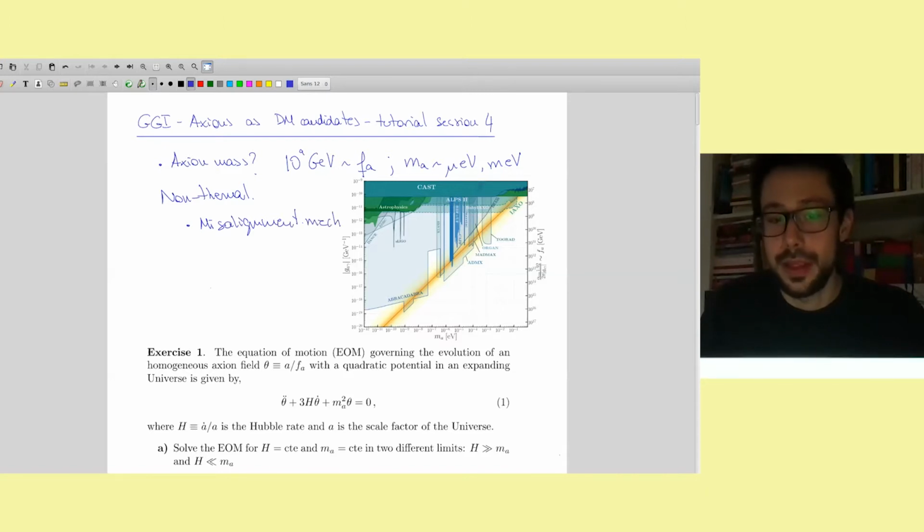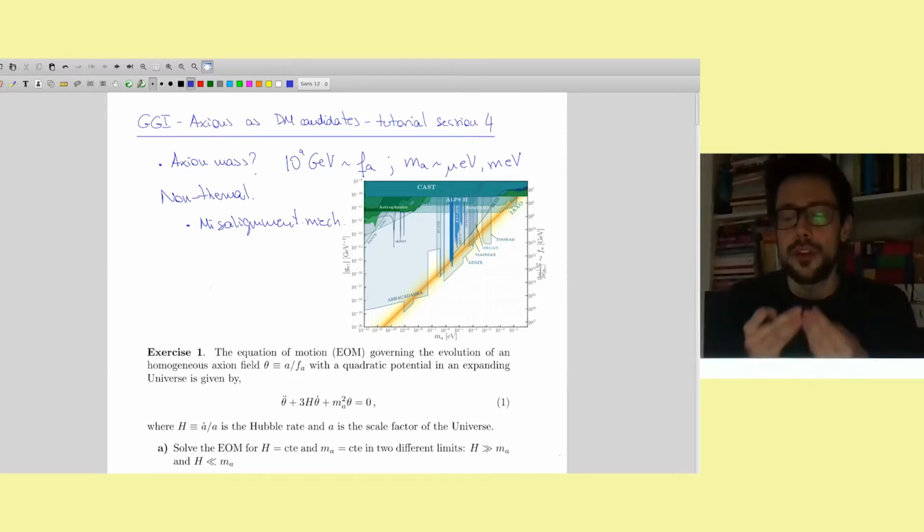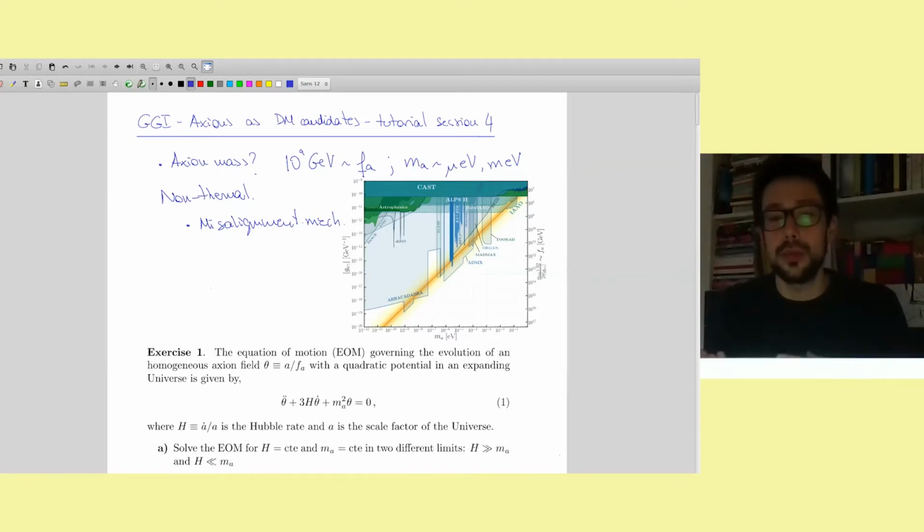We will see that in general, a scalar field with a potential that evolves in the early universe will be produced in large quantities. The key is that in order for the axion to be dark matter, we need to produce it in large enough quantities for it to comprise all the dark matter density that we observe in our experiments.